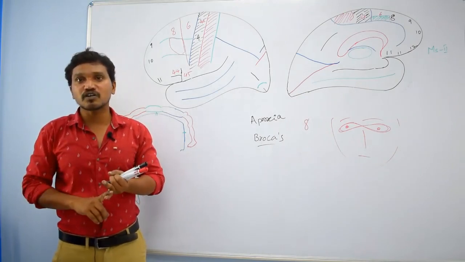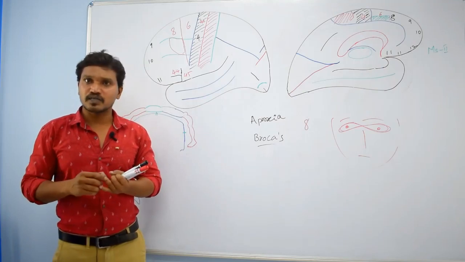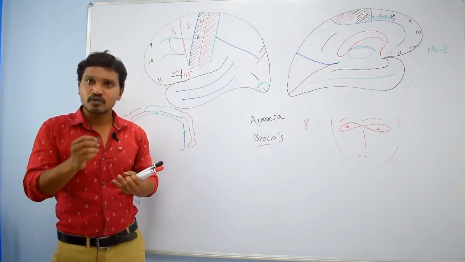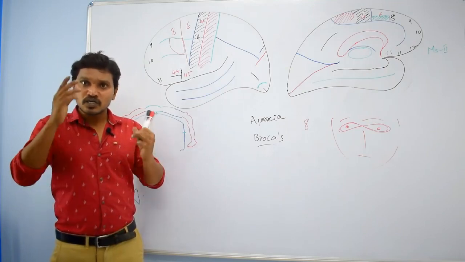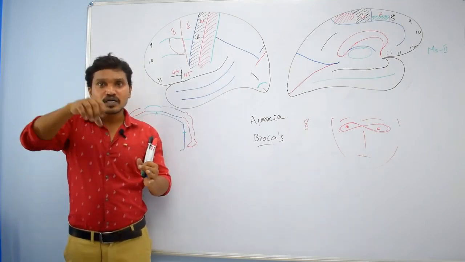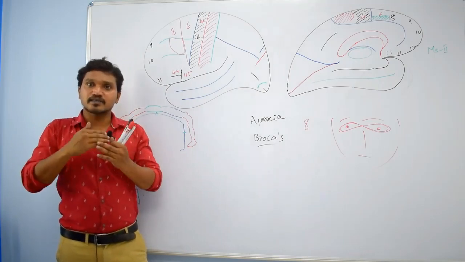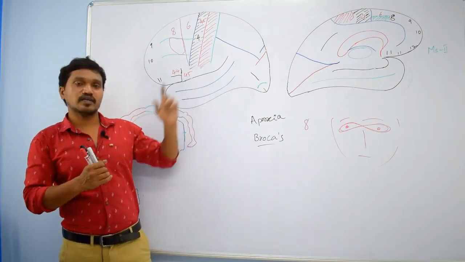Cutaneous sensations are what? Touch, pain, temperature. Proprioceptions are what? Joint sense, vibration sense, and position sense. Right? So, these sensations will be received and interpreted by this area.